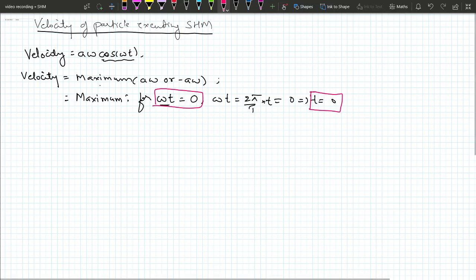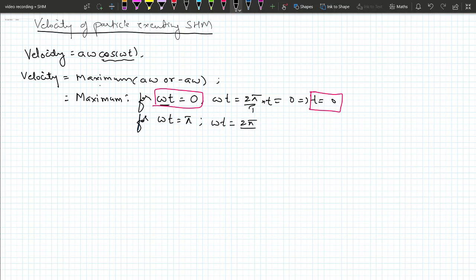Now let us go for the second case. It is maximum for omega t equal to pi. That is omega t, 2 pi by T into t, should be equal to pi. This is possible only whenever t is equal to capital T by 2, where capital T stands for the time period.